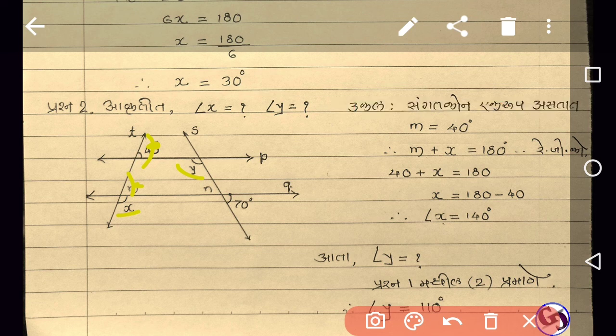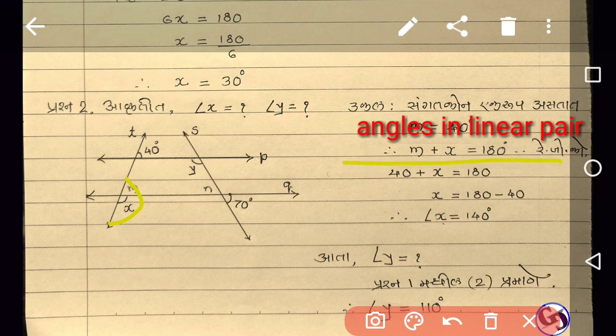A pair of corresponding angles is congruent, the upper angle. And here m plus x are angles in a linear pair. The m value is 40 degrees plus x, so angle x is equal to 140 degrees by subtracting.